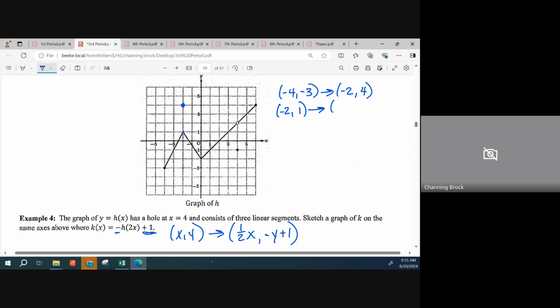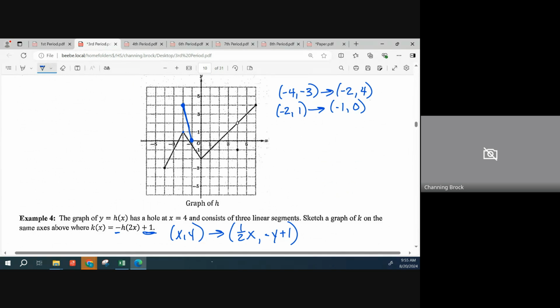So that'll be negative 1, 0. There. So connect.